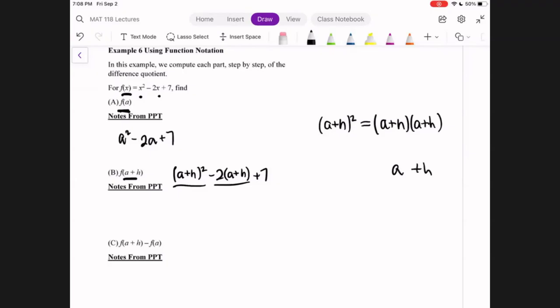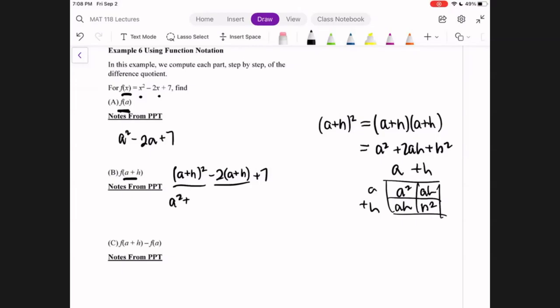You have a plus h, then you have a plus h, and you just fill in the box. This will be a squared, this will be ah, this will be ah, and this will be h squared. So all together, add everything up, this will be a squared plus 2ah plus h squared. So that's what this first part is.